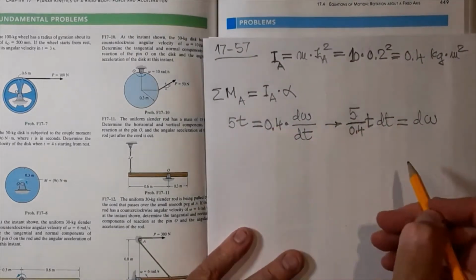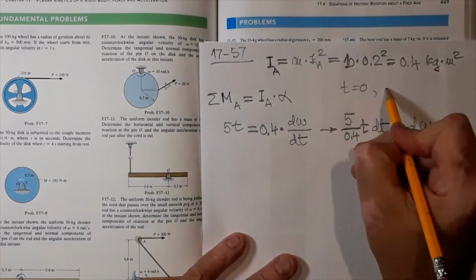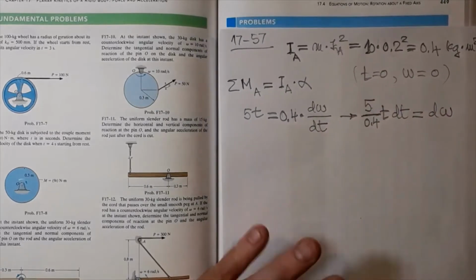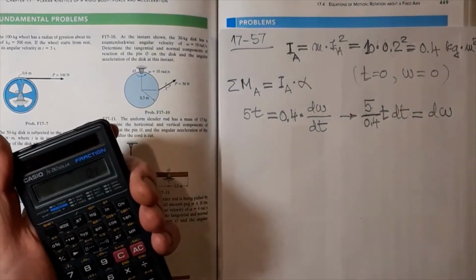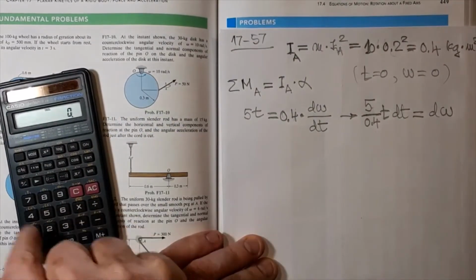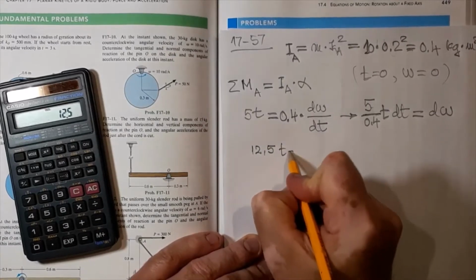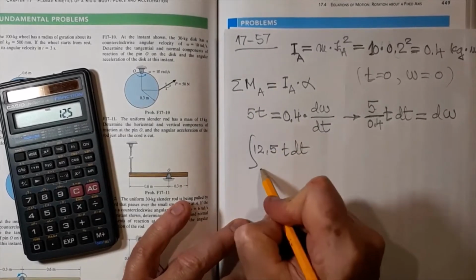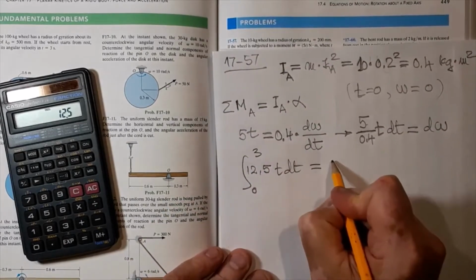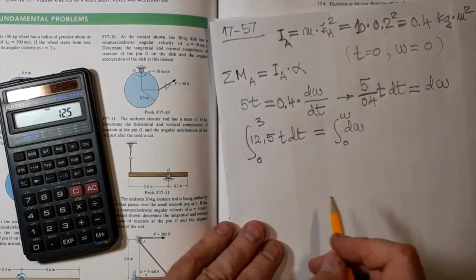We know the initial conditions: at t equals 0, it starts from rest, so omega is 0. So 5 over 0.4 is 12.5, t dt, integral from 0 to 3 seconds, equals the integral of d omega from 0 to omega.